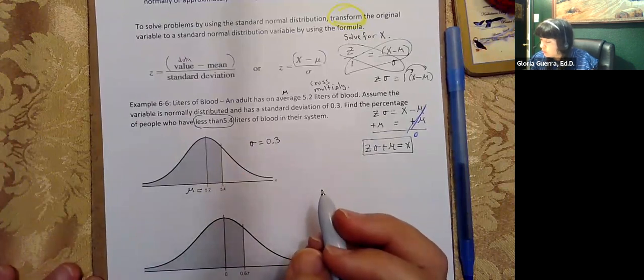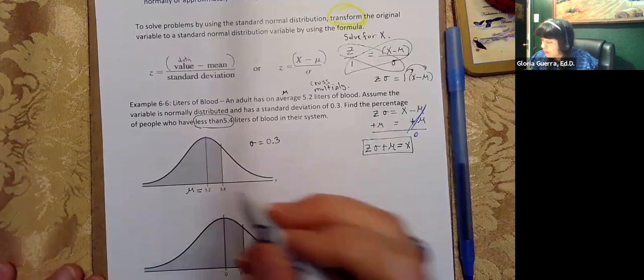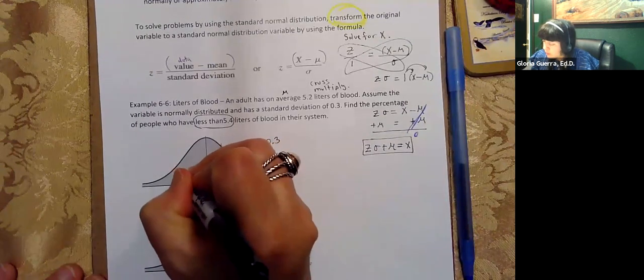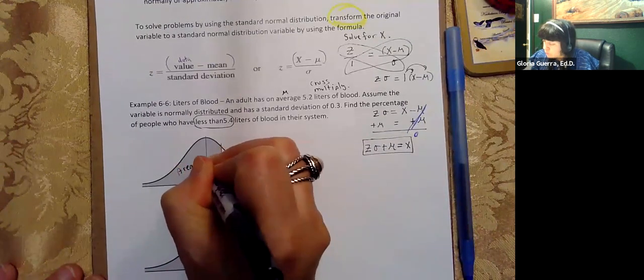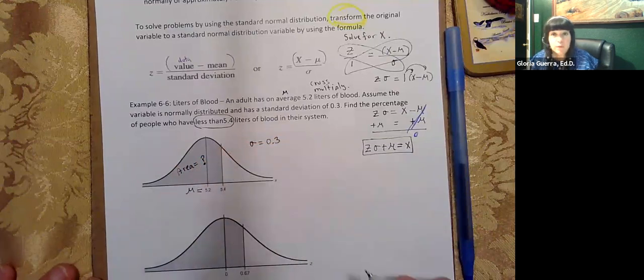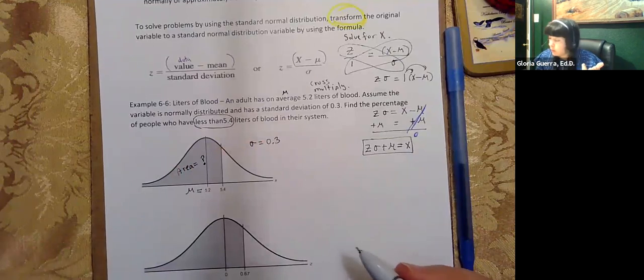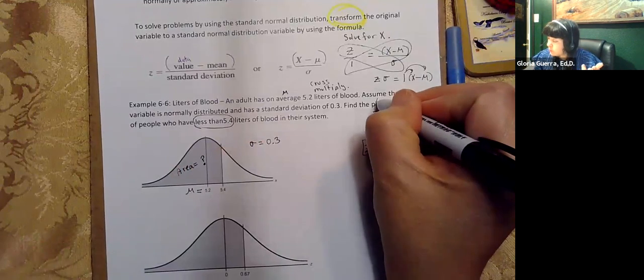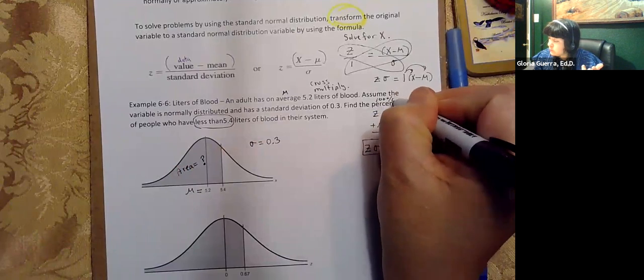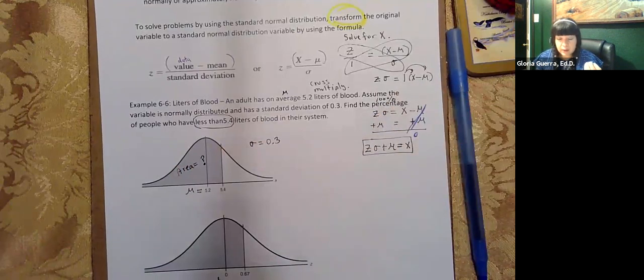And we actually want to find the area here. We want to find this area. That's our unknown. And it says find the percentage. What happens is you would find the area and then you would multiply by 100% to find the percentage, okay?